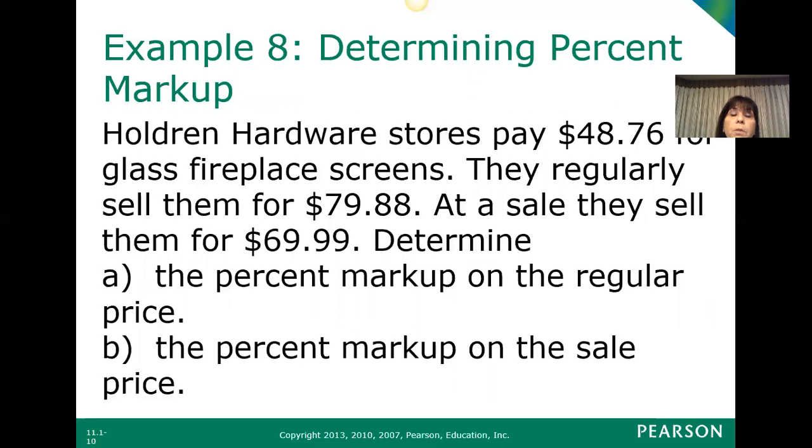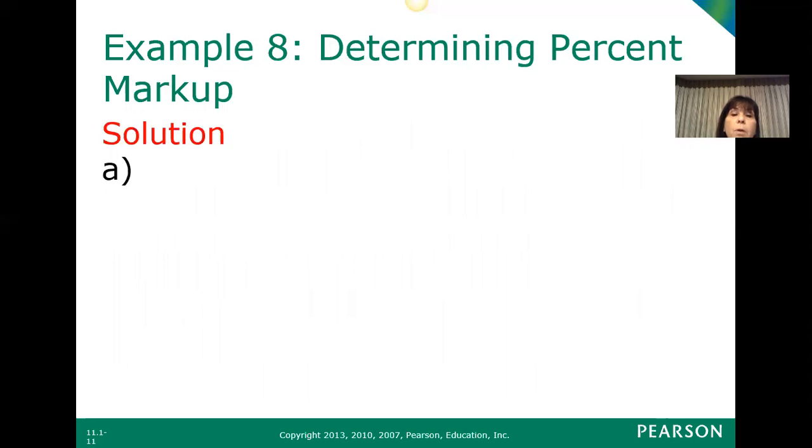So 2 examples here. If the hardware store has a $48.76 cost for the fireplace screen, they sell them at $79.88, and then if they have them on sale, $69.99. So we're going to find both of the percent markups, both for the regular price and for the sale price.